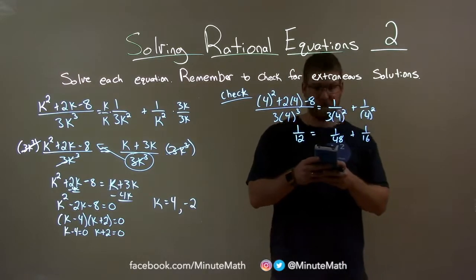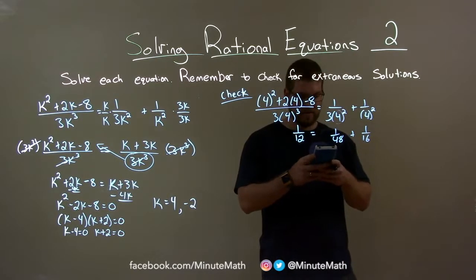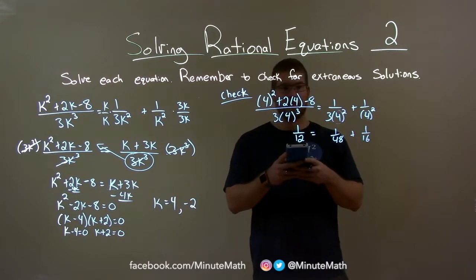Did I do this right? Divided by 3, can I save this problem? 4 squared.